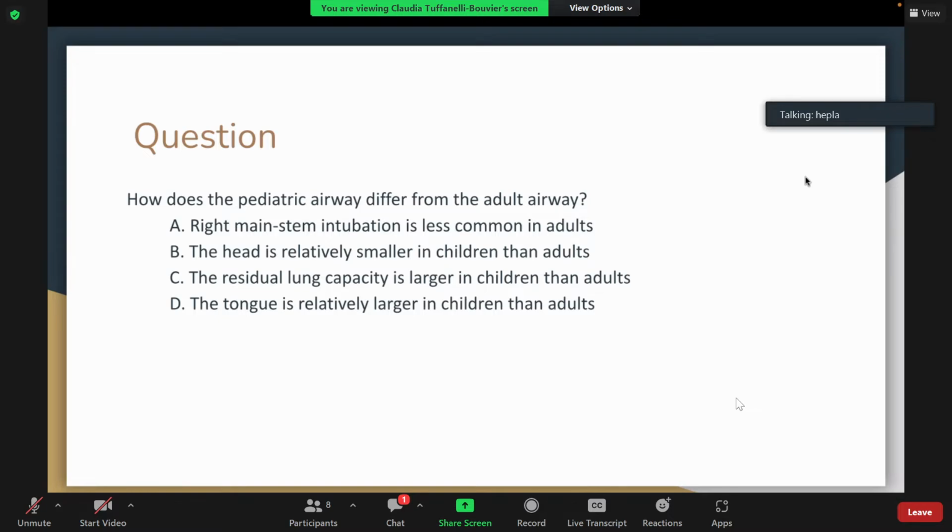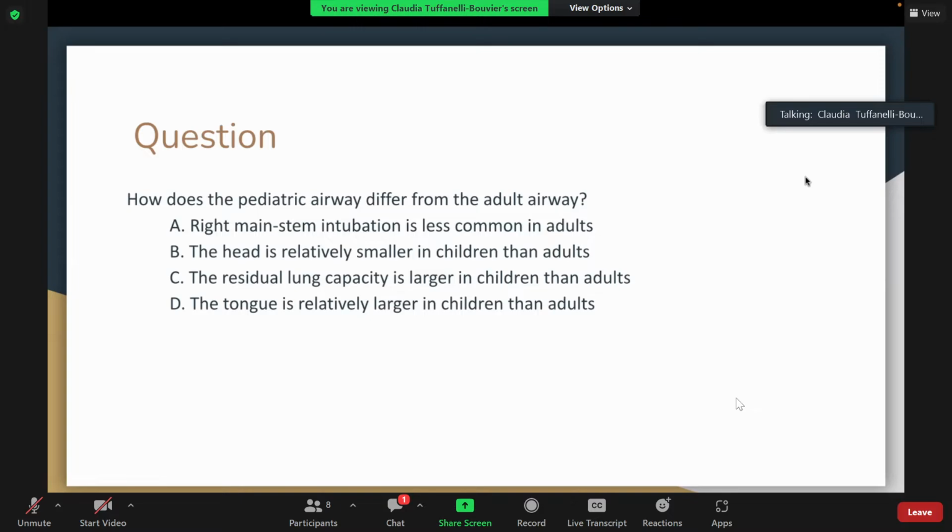Yeah, and the tongue in children is usually larger, and the smallest part of the children's airway is at the cricoid, not like in the others. In others, usually the smallest part of the airway is the vocal cords.